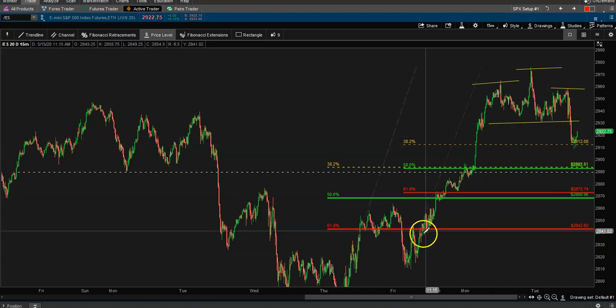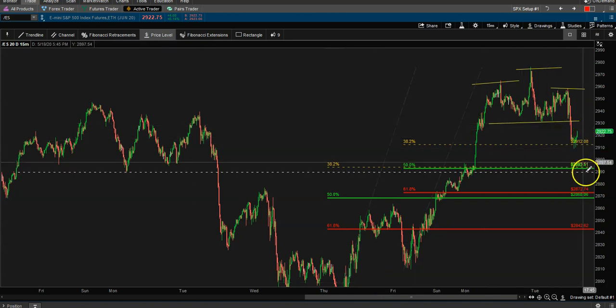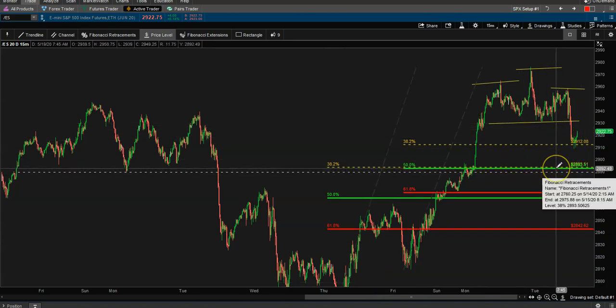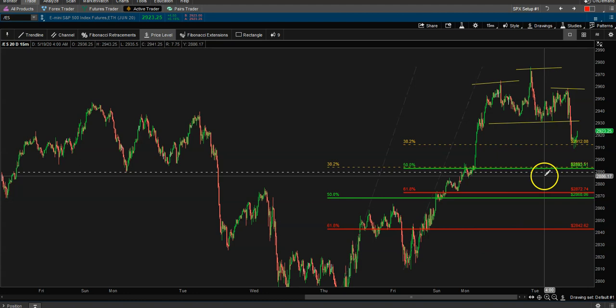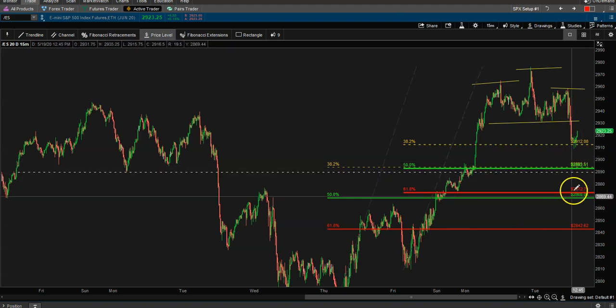So something like this is taking a few days to play out. So this probably 2892 level might actually take a couple days to play out. And by the time you're watching this, because it'll probably be a couple days in the future, you could now go back and look at your chart to see exactly how this thing played out, if you would have been able to make money.